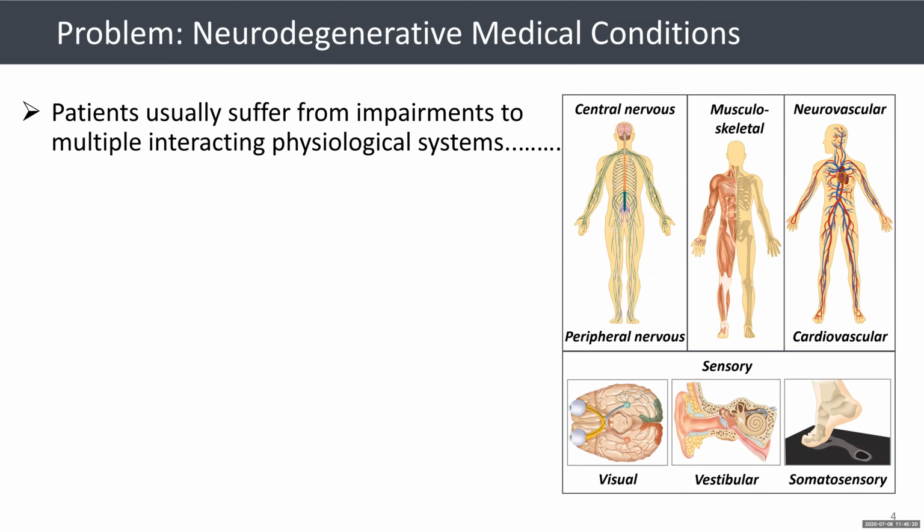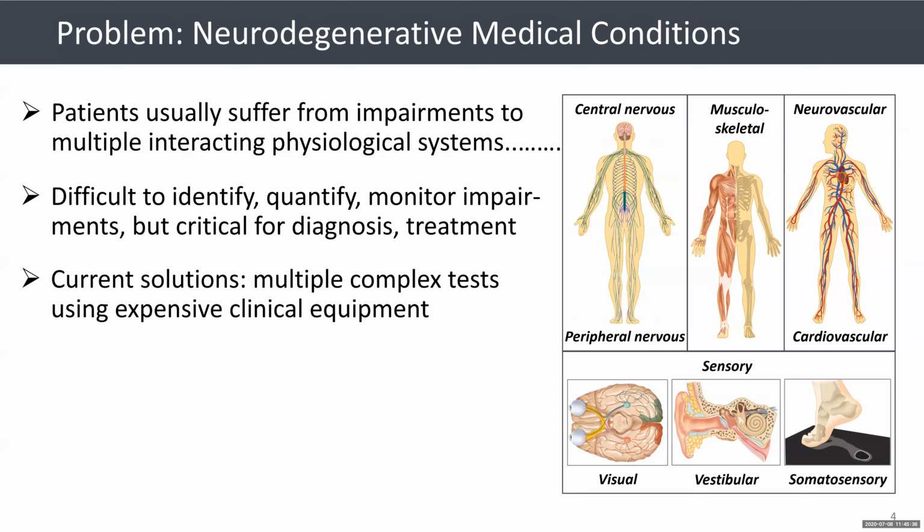As a business, Protxx is focused on addressing challenges that are posed by multiple sclerosis and other complex neurodegenerative medical conditions, where the challenge is that patients typically suffer from impairments to multiple and interacting physiological systems.